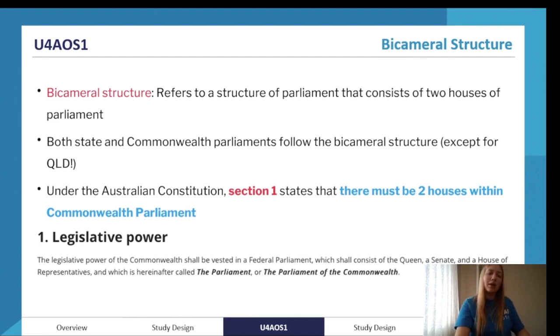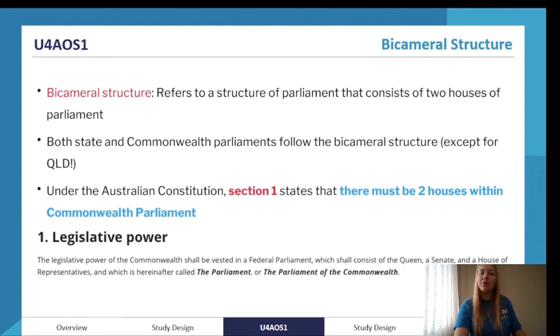So state parliaments can actually have a one house structure if they want. And we see this in Queensland. This offers less review for laws, obviously, and that can be a disadvantage. So the bicameral structure is only assured at Commonwealth level, and this is a weakness.